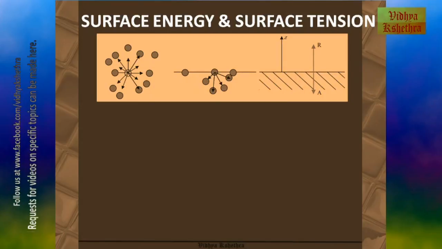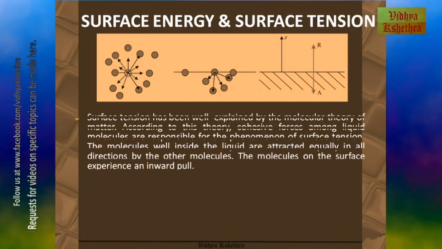But in the case of a molecule on the surface, it only experiences a cohesive force from the interior molecules, and hence the potential energy of the molecules at the surface of the liquid is much greater, and hence the surface energy is much greater.